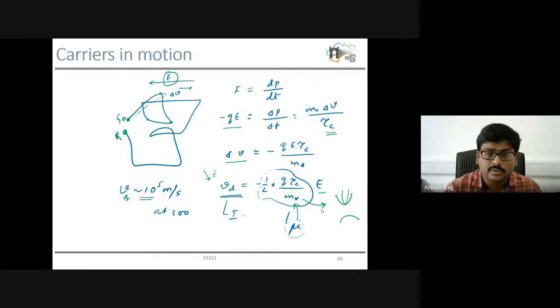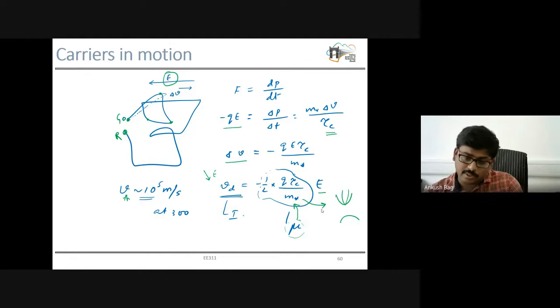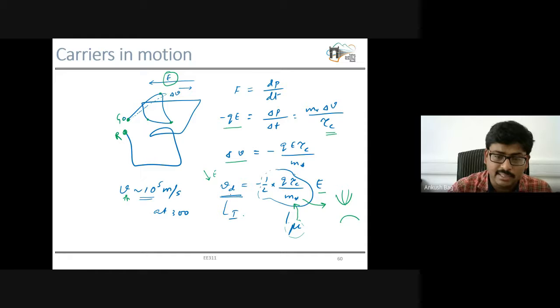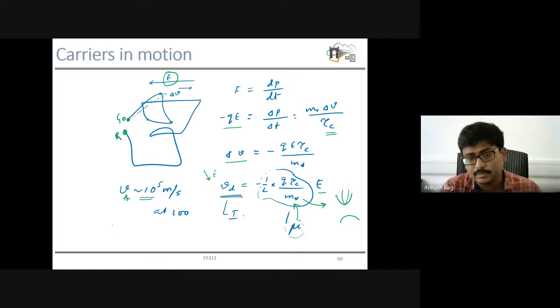Okay, so sorry for the interruption. So now, if we try to calculate or quantify this Vd like your Vth, so what is this? Because essentially this velocity of carriers is giving us the current.